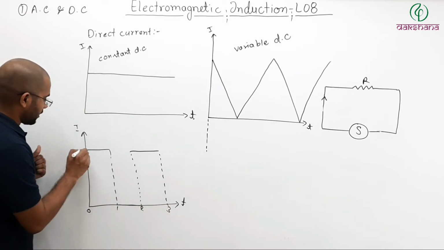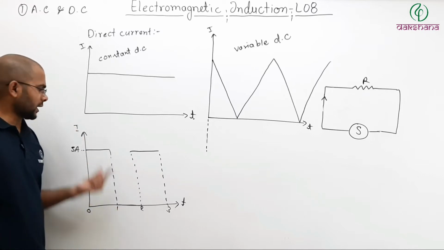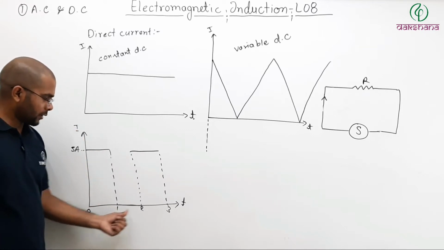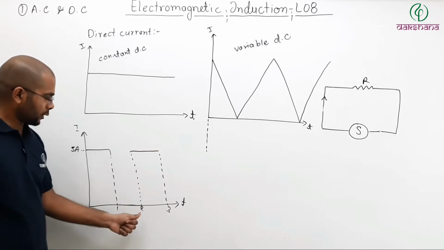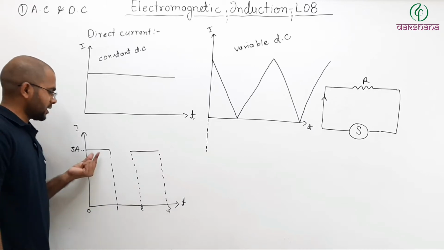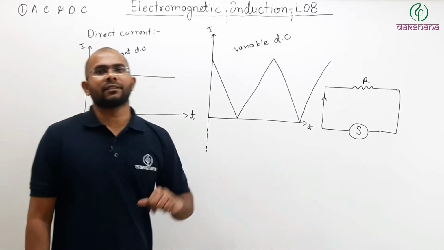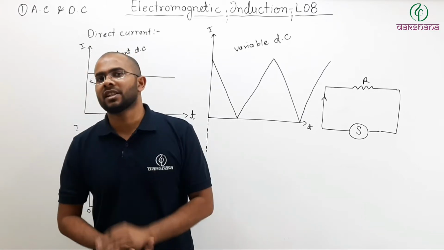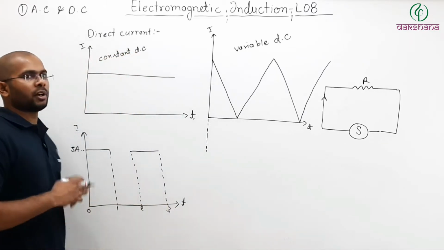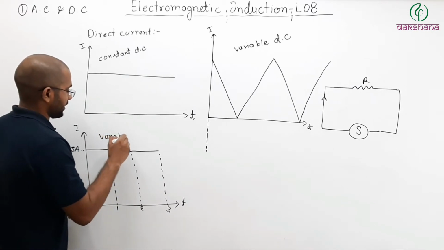Let us say this is 5 ampere. It can be anything. So for 0 to 1, current is 5 ampere. For 1 to 2 second, current is 0. For 2 to 3 second, current is again 5 ampere. So even though this current is variable, it never goes negative, meaning direction never changes. So this will also be called your DC current, albeit it will be variable DC.